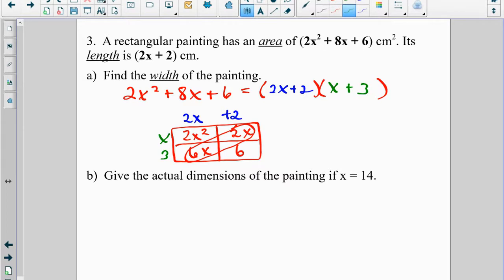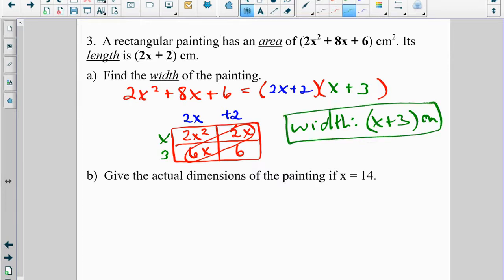So for the width of the painting, just so I can write my answer off to the side, the width was x plus 3, and this was all measured in centimeters. And make sure that we're answering the right part, even though we used the area model there to help us factor.